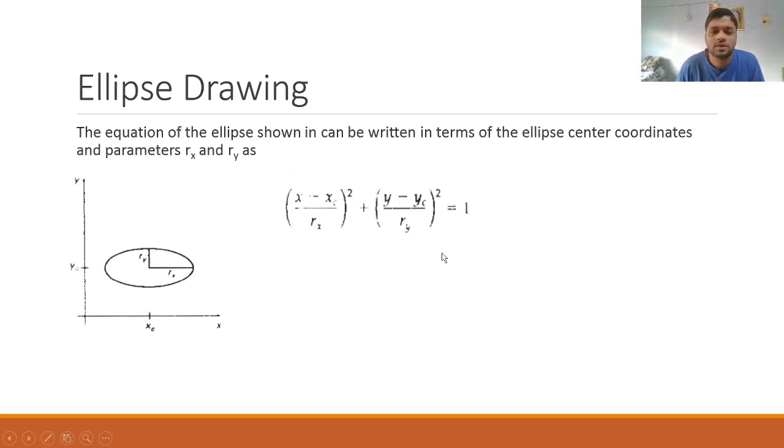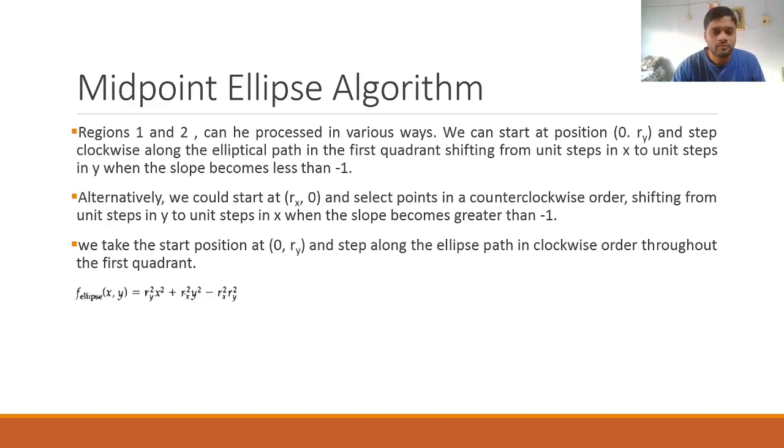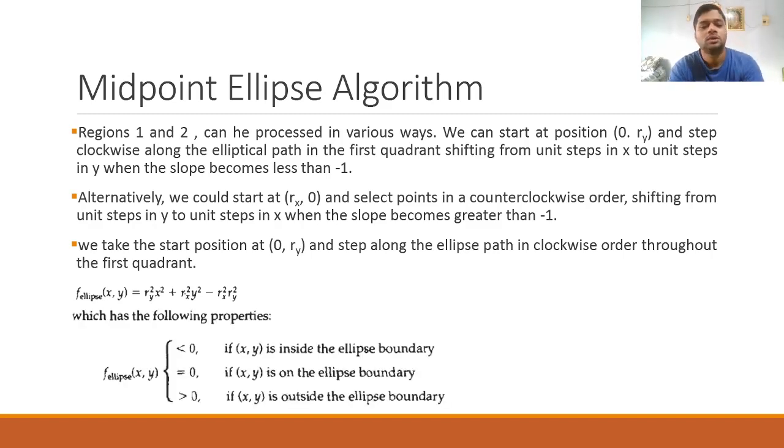We take everything on one side and equate it to a function of ellipse, that is ry square x square plus rx square y square minus rx square ry square, equal to function of ellipse.